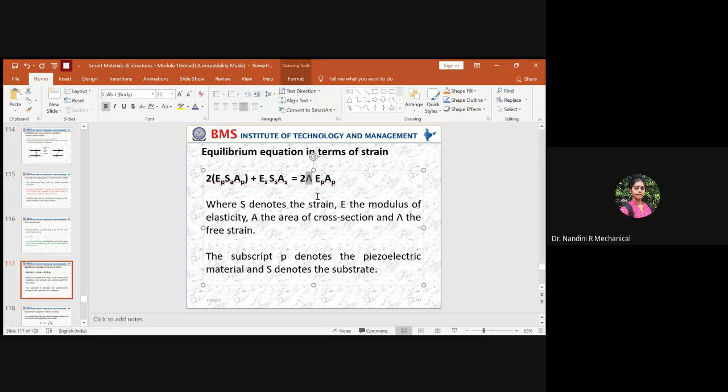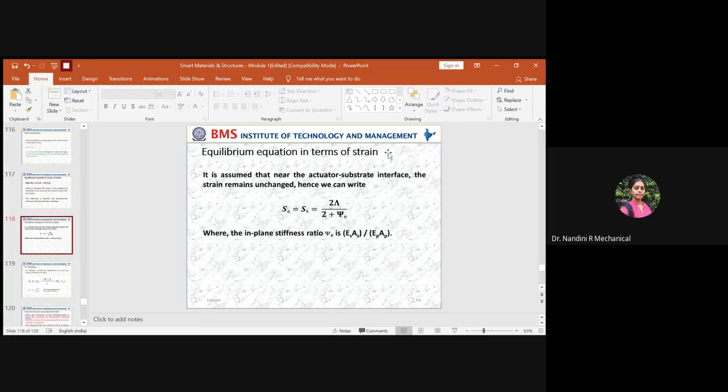The only thing you have to understand is that the subscript P always denotes the piezo material and the subscript S always denotes the substrate. So this is a combination of piezo plus substrate in equilibrium that should be equal to twice the free strain value times the modulus of elasticity of the piezo element times the area of the piezo element. So this is the equilibrium condition.